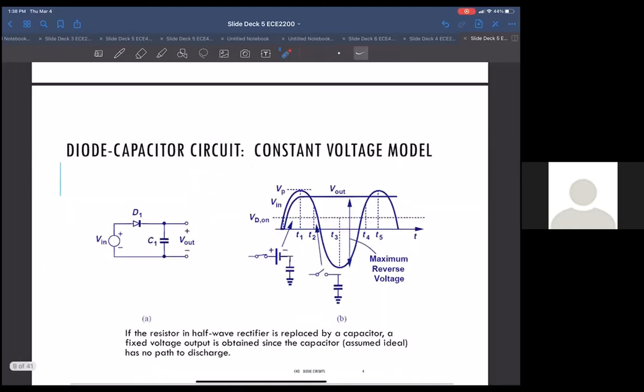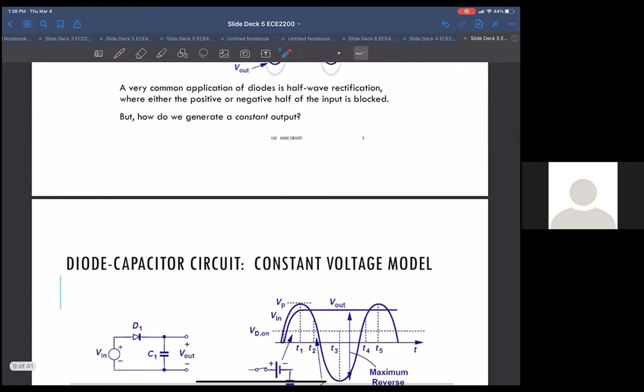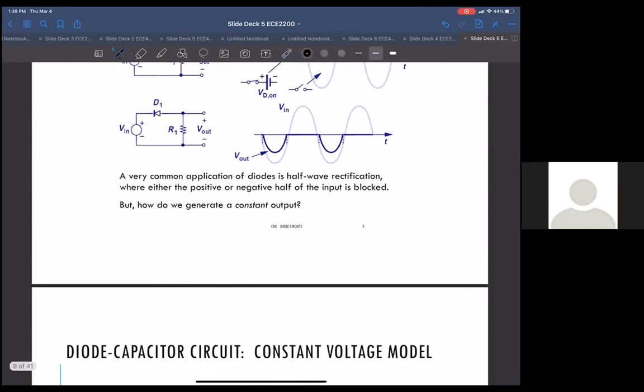Okay, so now though, remember that what we're using this for most likely is for something like a regulator. So we have the 110 volt outlet from our wall plug, which is 110 volt AC at 60 hertz. That's what we have. And you want to charge your cell phone.